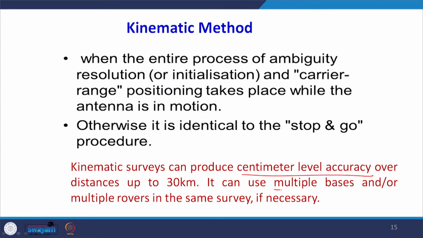Here also we are using 2 or multiple, more than 2 receivers. If we are using multiple bases and multiple rovers in the same survey, this method can accommodate that and still will not compromise the accuracy. You can get centimeter level accuracy using this kinematic method of taking the observations.